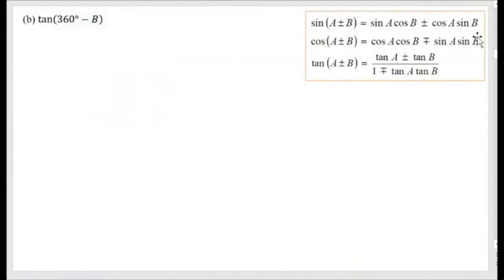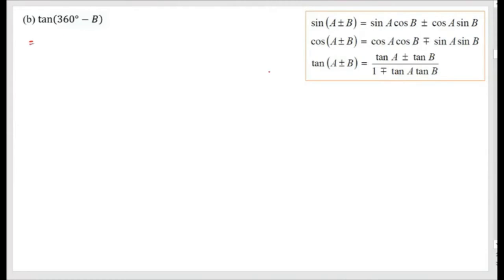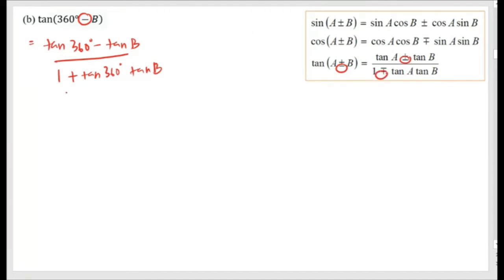Okay, then we try B. Tangent 360 minus B. So we change into the formula first. 360 minus B, so it's tangent 360 minus tangent B over 1 plus tangent 360 tangent B. Okay, minus positive, negative positive, 360 and B. So what is the value for tangent 360?